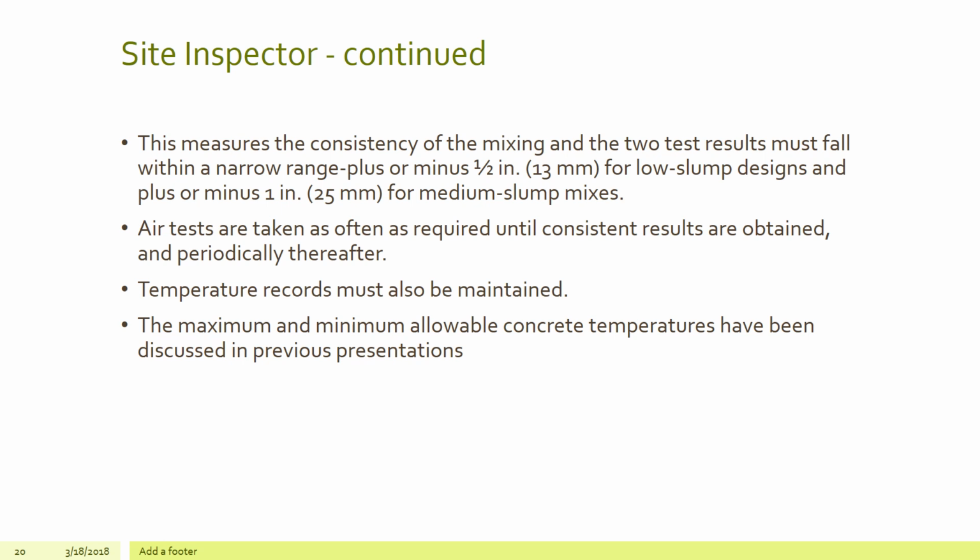Air tests are taken as often as required until consistent results are obtained, and of course periodically thereafter. Temperature records must also be maintained. Very important again, what is that temperature during the day? The maximum and minimum allowable concrete temperatures have been discussed, of course, earlier on.